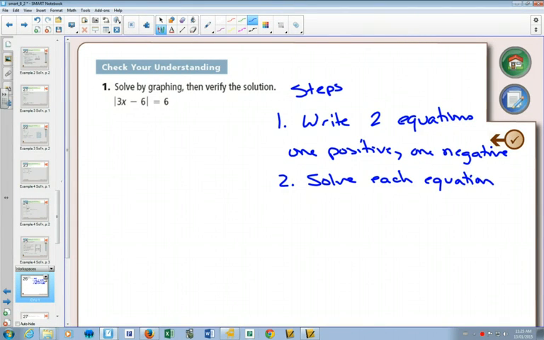We're going to solve each equation, and there could be extraneous roots, so we're going to have to verify.